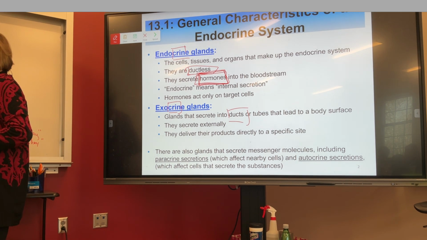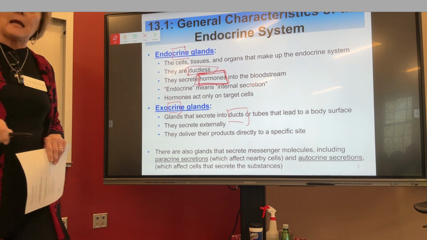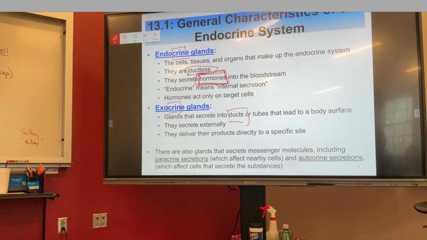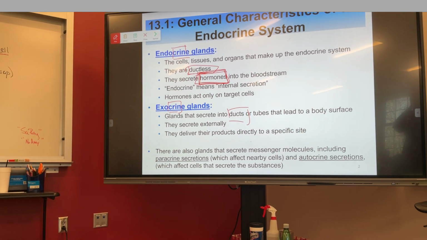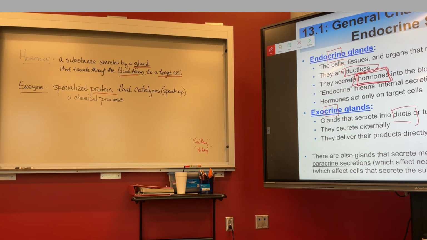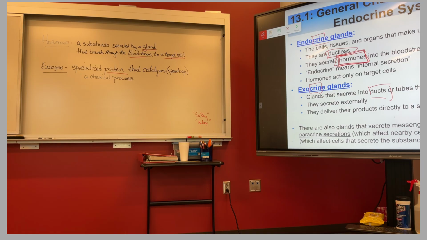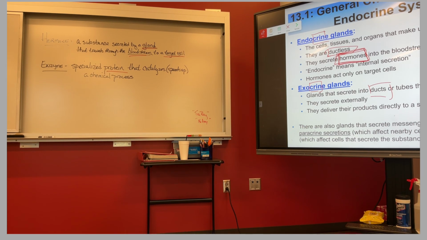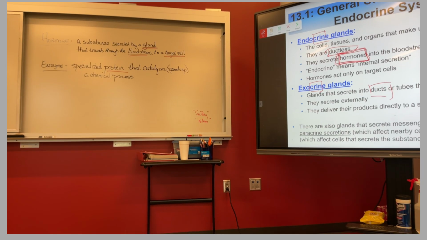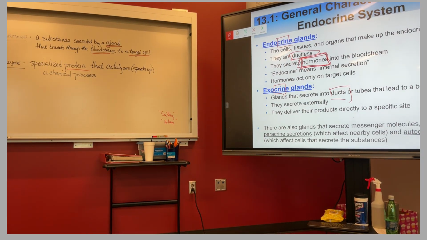You must know that. And they travel through the bloodstream to a target cell. And I'm going to explain that in just a minute. You must know and understand the definition of a hormone. And anyway, it is an exam question. But that's not why you're going to learn it. You're going to learn it so that you can have an understanding of how they work. Okay? So a hormone is a substance secreted by an endocrine gland that travels through the bloodstream to a target cell.